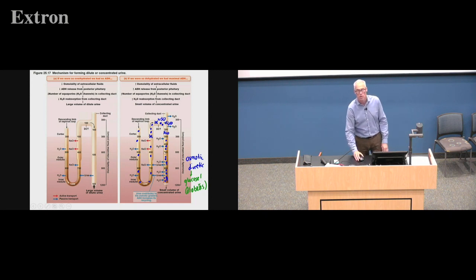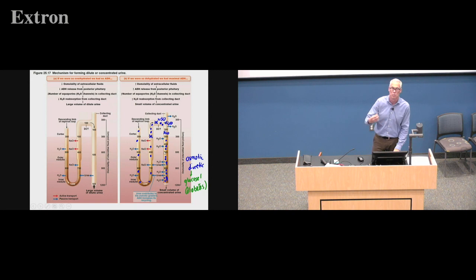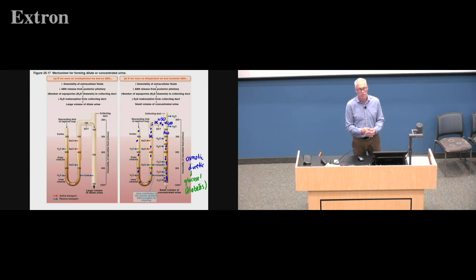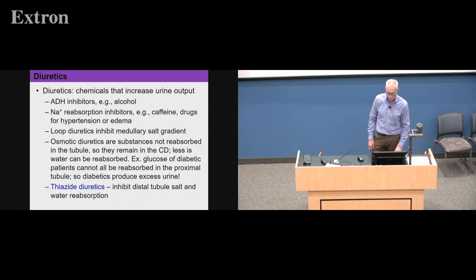It stays in there all the way through the loop, the distal tubule, and into the collecting duct, and hangs onto water essentially, acts as an osmotic attractor, and we pee out a large volume of more dilute urine, hence the polyuria in diabetes.